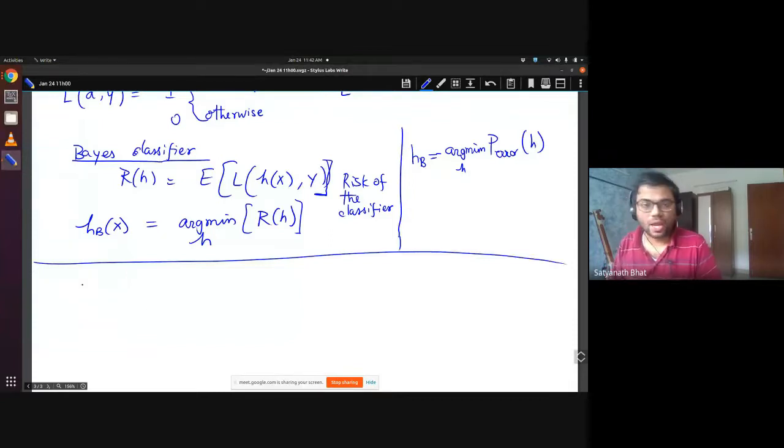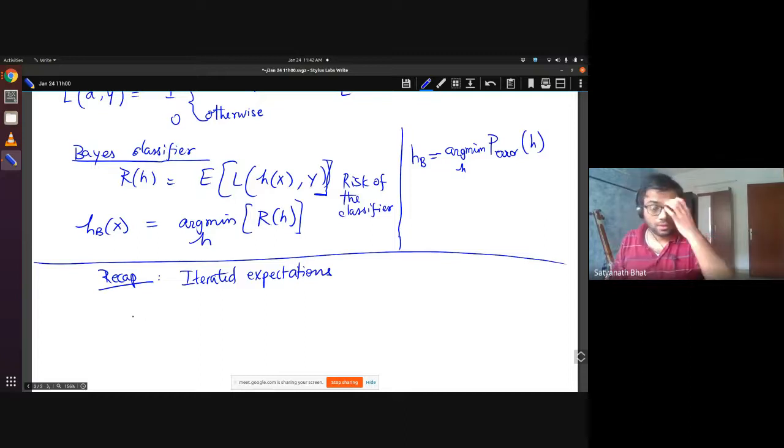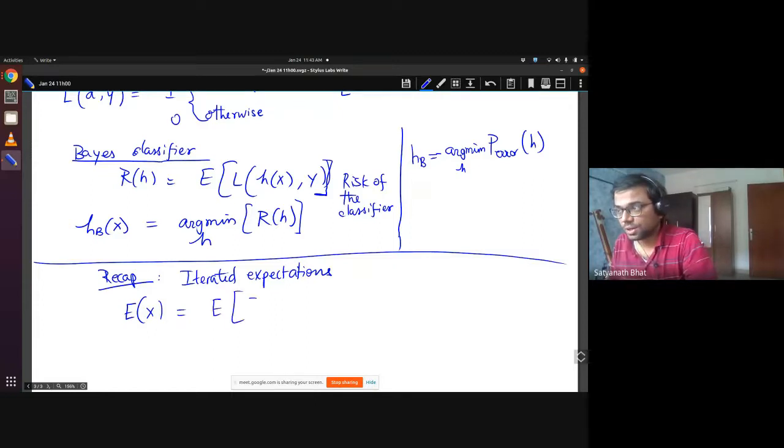So first I have to do some recap. I don't know if everyone understands this. This is a recap of iterated expectation computation, iterated expectations. Can someone explain this, or give some proof, or have you seen this at least?